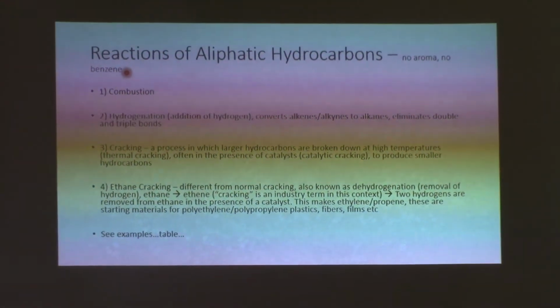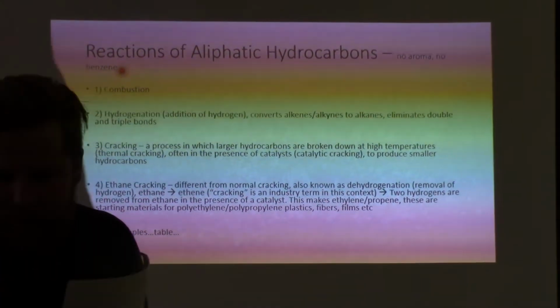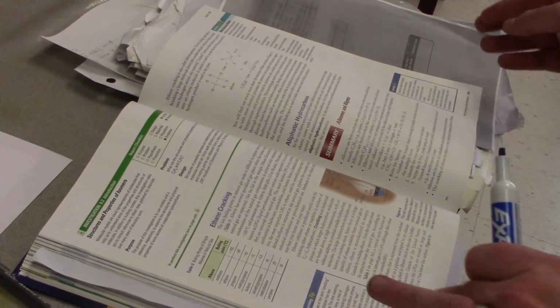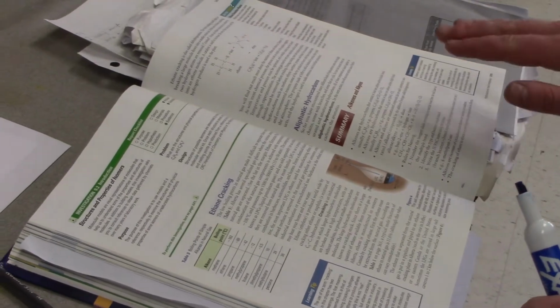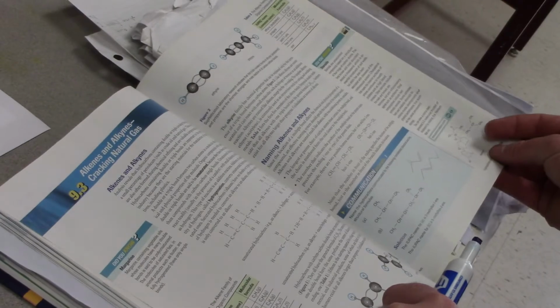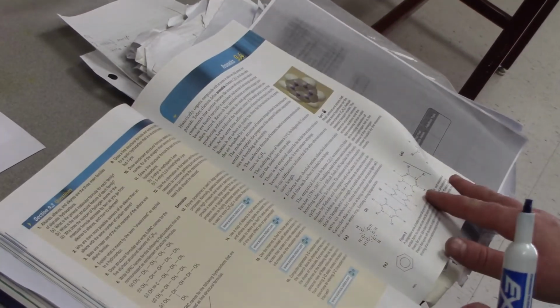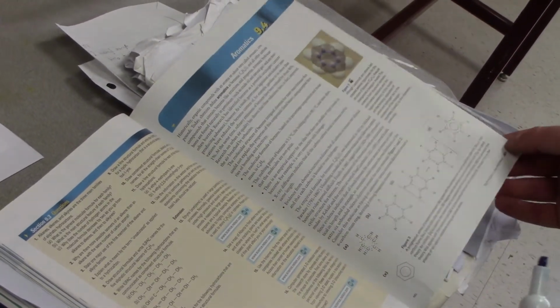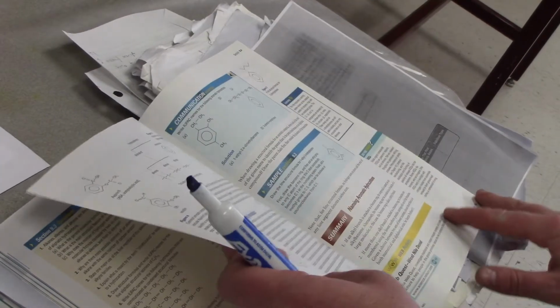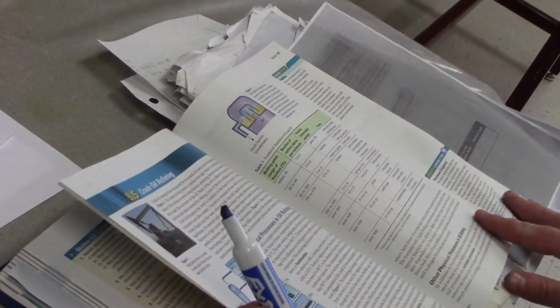Now look back in your textbook for the main reactions of aliphatic hydrocarbons. There's a summary of all the reactions on page 379, so take a look at that. Aromatics start on page 381, which is benzene, and that's where I'm going to address new material today.